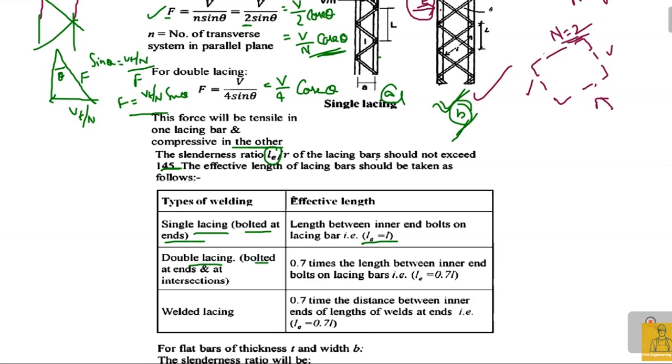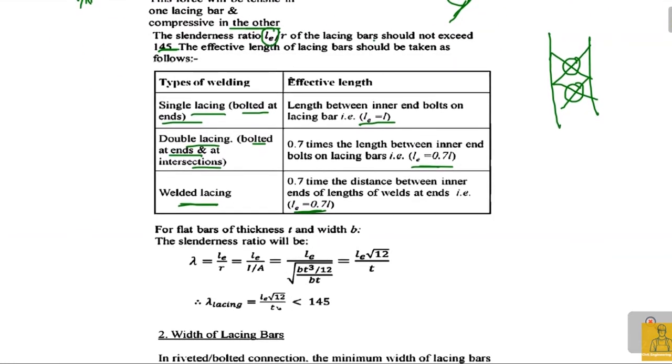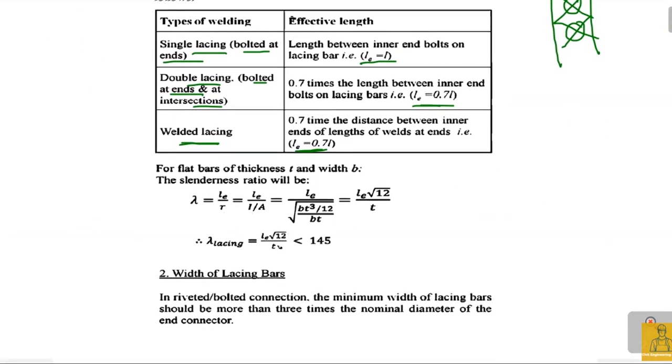For double lacing, with bolted connections at the ends and at intersections, the lacings will intersect at some places. If the ends and the intersection points are bolted, then the effective length is 0.7 times L. And if they are welded, then also the effective length is 0.7 times L. This is how you calculate the effective length in case of bolt and weld connection of the lacing bar with the built-up bar.